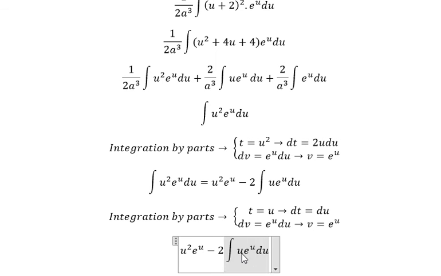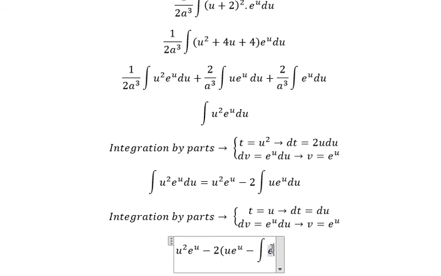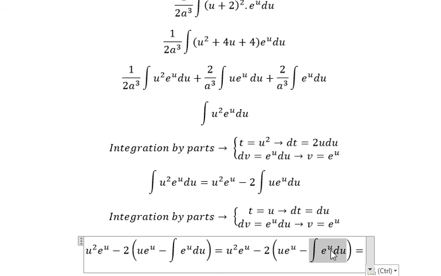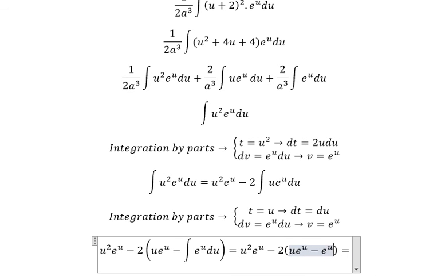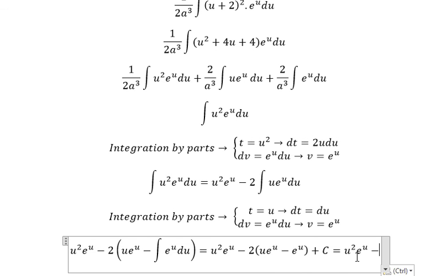So we got u multiplied with e to the power of u minus the integral of e to the power of u du. So this one you got e to the power of u, and we put c in here. So we got the final answer of this one.